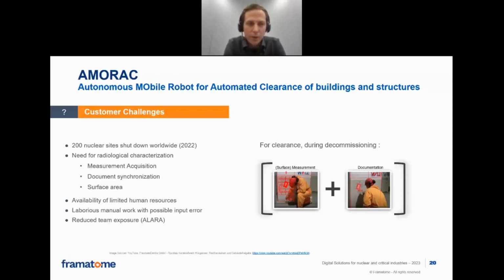There are huge numbers of those measurements, and so we thought it could be a good idea to start an optimization project to cover that, not only to cover the workload of those people on site, but also to make the documentation applicable in a digital manner.